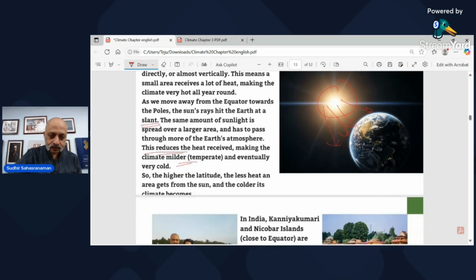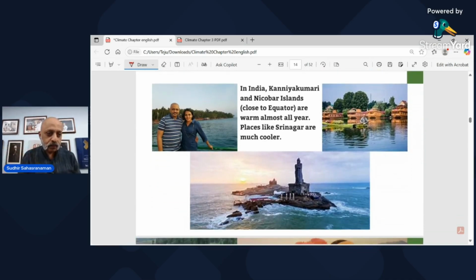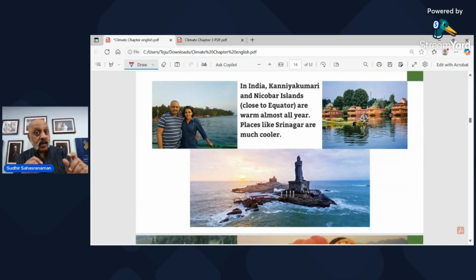Is that clear? Now, for example, in India, Kanyakumari, which is the southernmost tip of India and therefore the closest to the equator, because our country is above the equator. If this is the equator, our country is above, right? So this is Kanyakumari. This is Andaman and Nicobar Islands, right? So this is the closest to the equator.